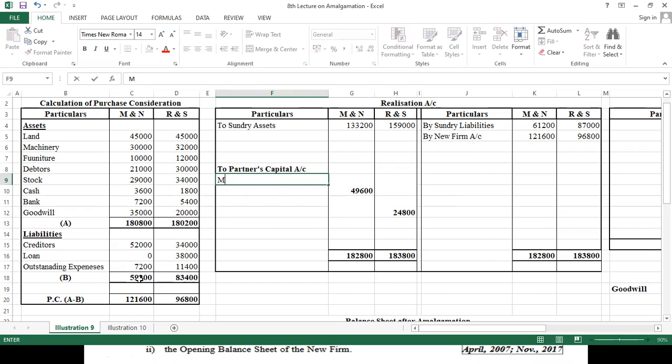The partners' names were M, then N, then R, then S. ठीक है, and they are all equal partners before the amalgamation and will remain equal partners after the amalgamation. So M gets half of 46,900. How much is it? 24,800. Am I right?